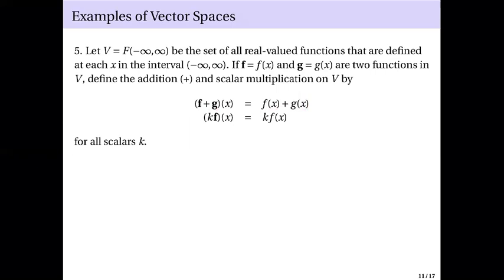Scalar multiplication: you have a scalar k, you multiply it to the object f. This is defined as a real number k multiplied to your function f of x. And these two are the usual addition and scalar multiplication of functions.